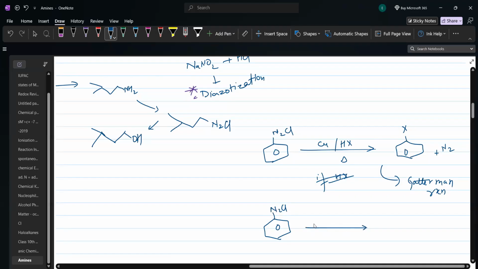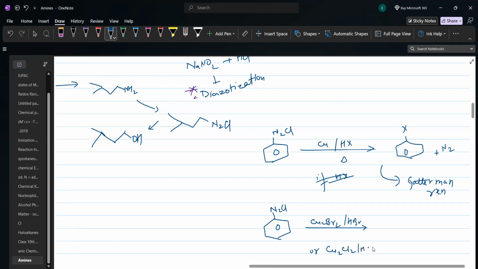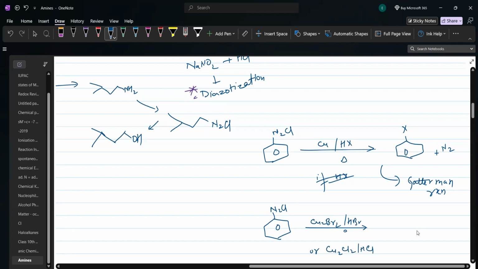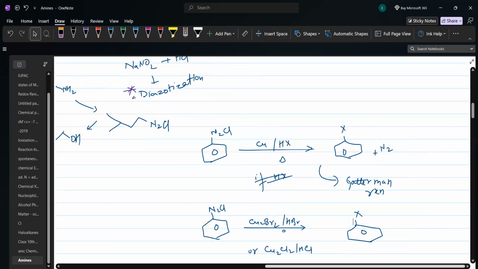When you react with the same thing, with a little difference, Cu2Br2 with HBr, or the same Cu2Cl2 with HCl, again haloarene will form. Since this is Gattermann's brother, the product will be the same.